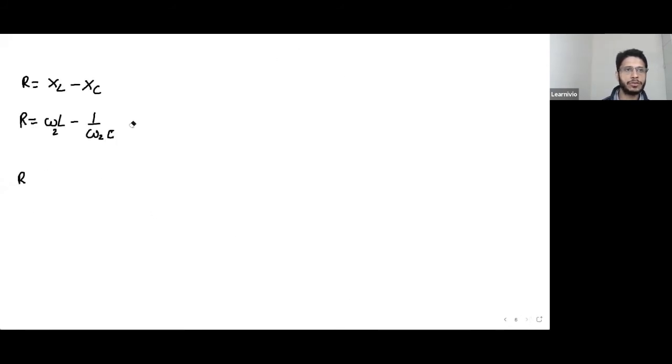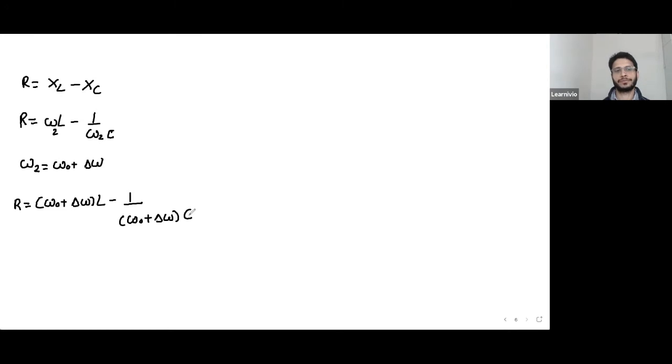So when I substitute all values here, your R is (omega naught plus delta omega) into L minus 1 by (omega naught plus delta omega) multiplied by C. This is your R.